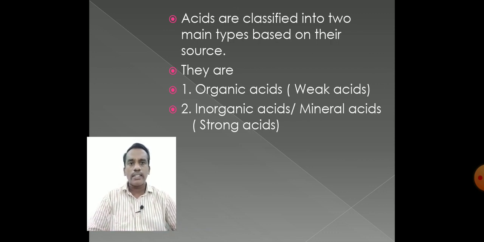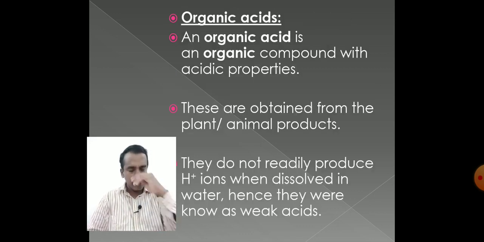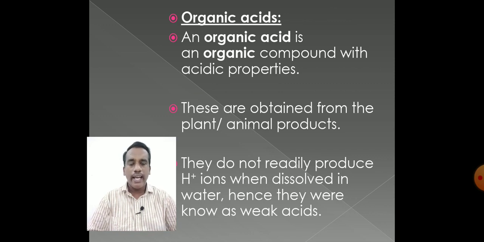These are called inorganic acids, meaning they do not contain carbon constituent in them, or they are also called mineral acids. Now let us give the clear definitions. What is meant by an organic acid and what is meant by an inorganic acid, and let's take some examples on these acids.